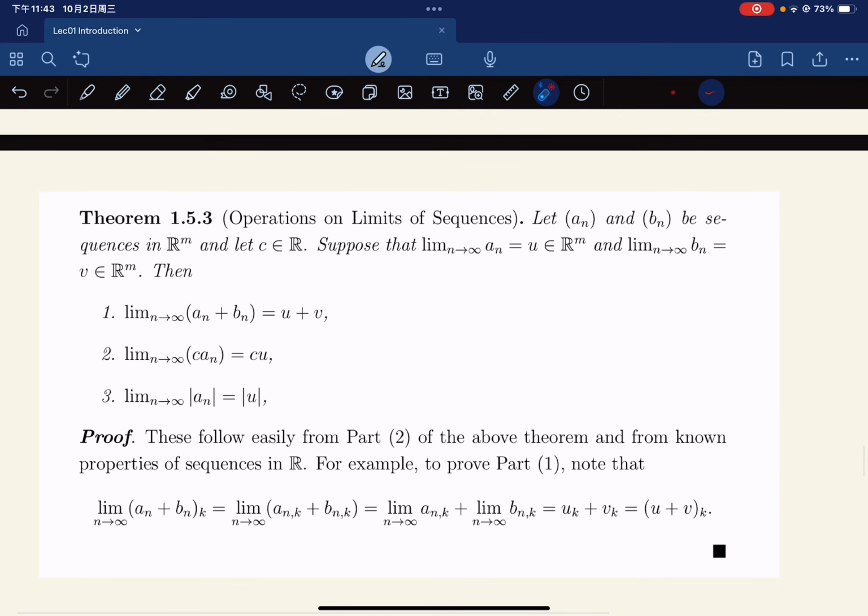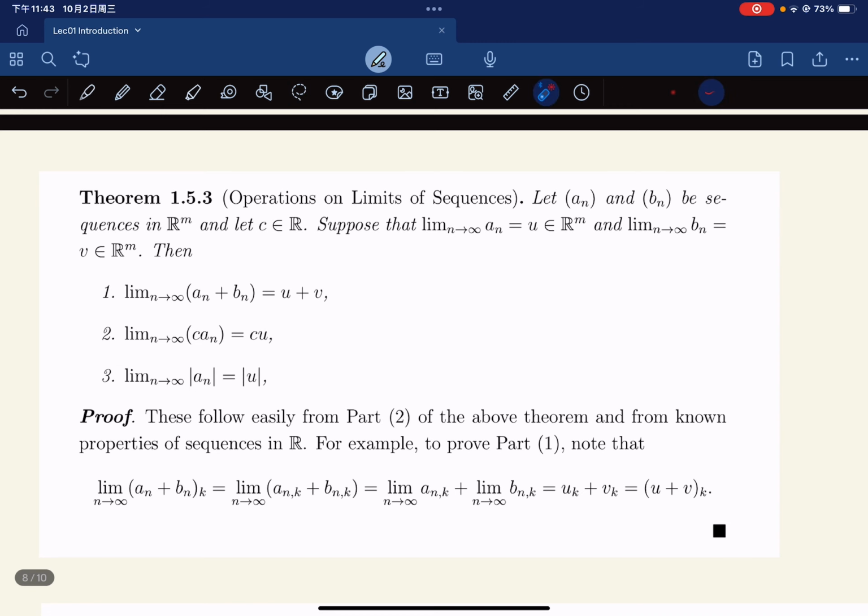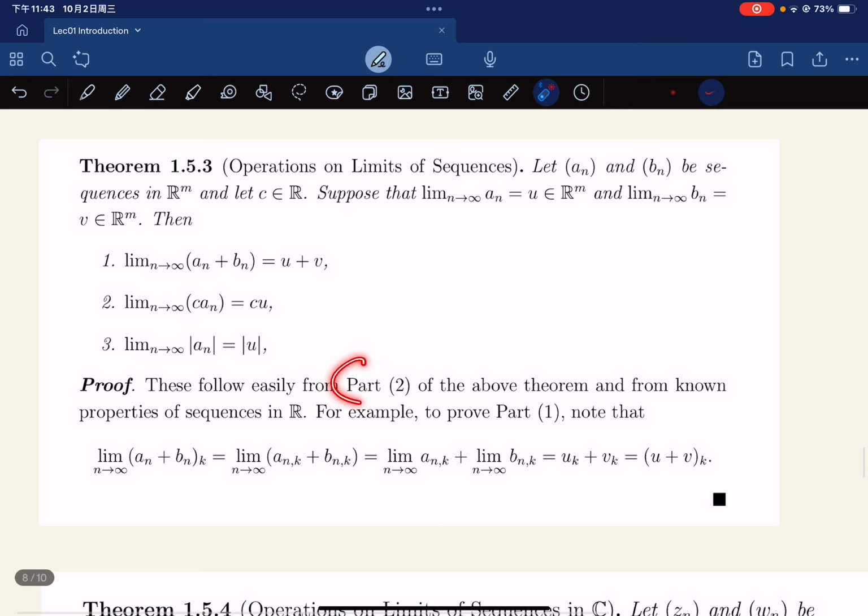And operations of limits of sequences. Again, the limit of the sum is the sum of the limits, and it preserves the scalar product, and it also preserves taking absolute value or taking norm. It is actually just from the component convergence of our theorem.